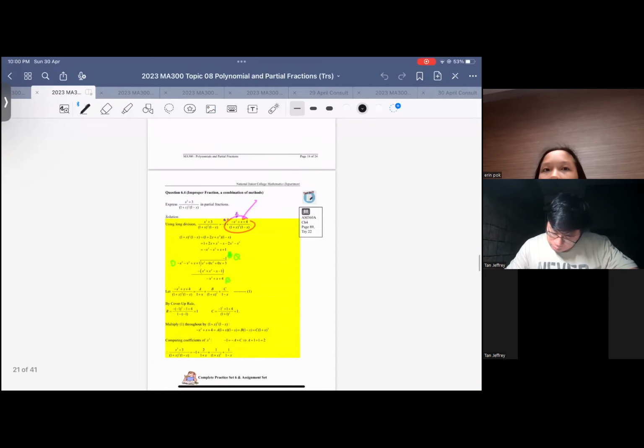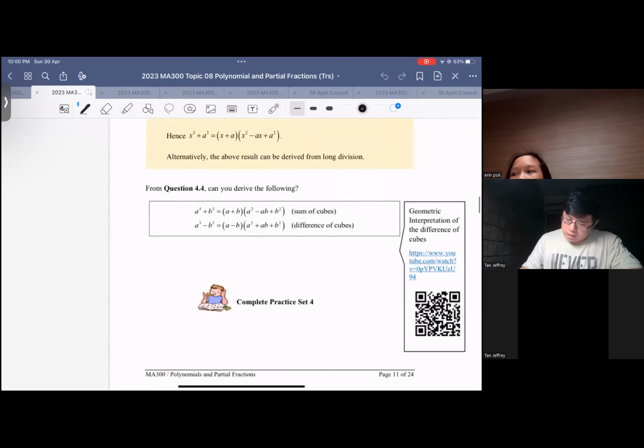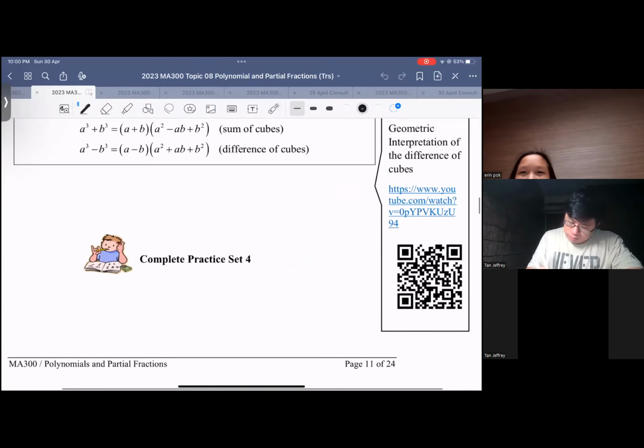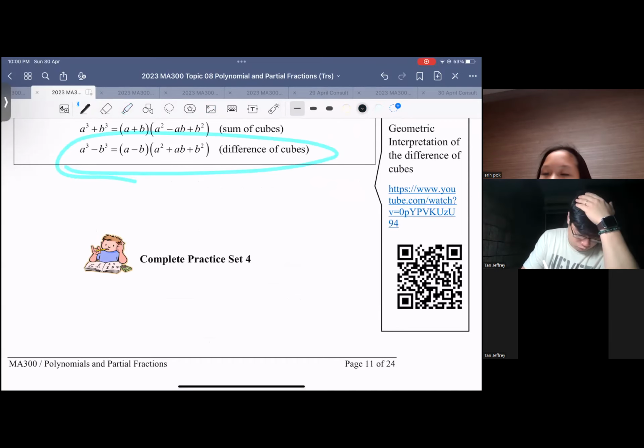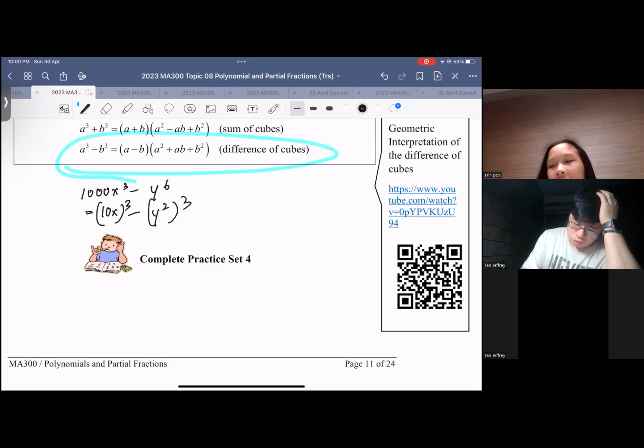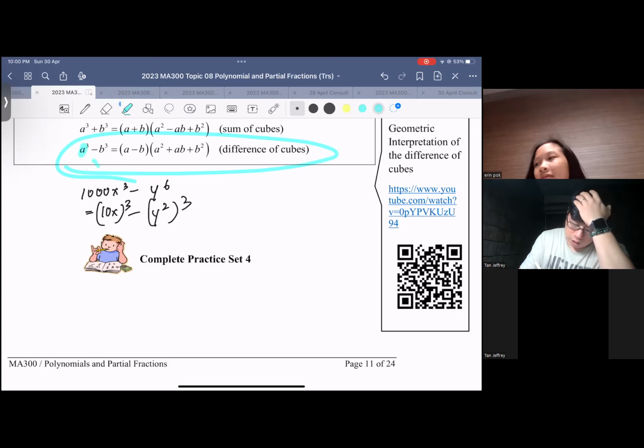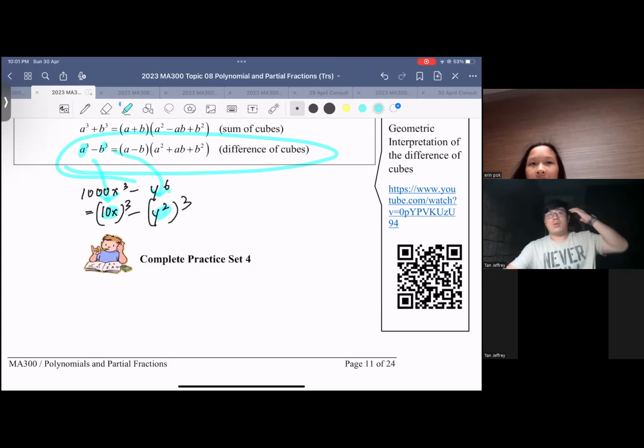Erin, can I bring you to this part, under part 4? Page 11, use this one. So that means if I have 1000x cubed minus y power 6, this is 10x to the power 3 minus y squared to the power 3. Then you think of a cubed as 10x, and you think of b cubed as y squared. That will help you.